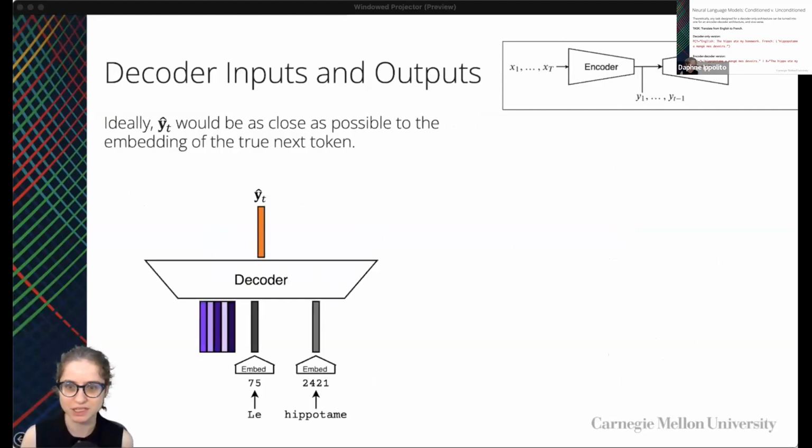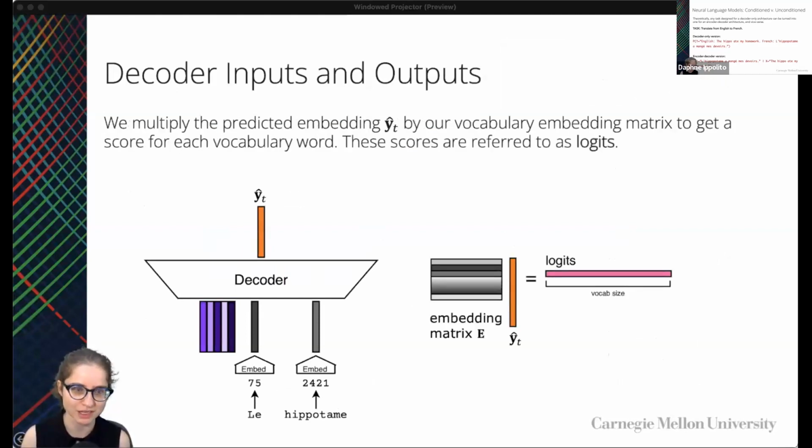As I mentioned, ideally we want y hat sub t to be as close as possible to the embedding of the true next token. The question becomes, how do we actually check for that? We have our embedding matrix E that we've already talked about, and this predicted embedding y hat sub t. We can just do a matrix multiplication because the dimension of the prediction y hat sub t is the same as the embedding dimension of our embedding matrix.